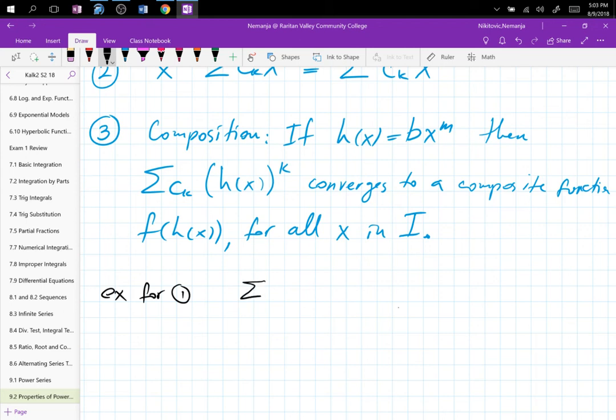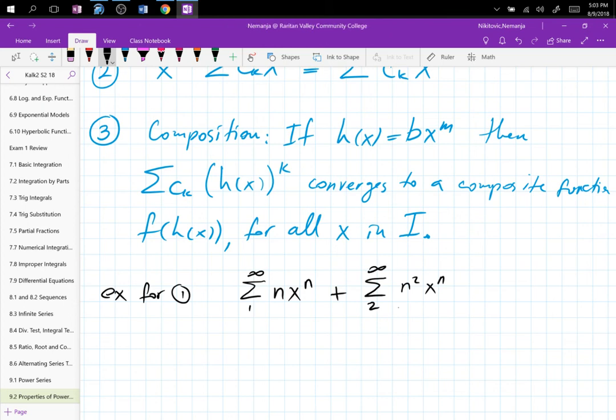If I have summation n x to the n, n going from 1 to infinity, and I need to, let's say, add that to summation of, I don't know, n squared x to the n, but this one starts from 2 to infinity.